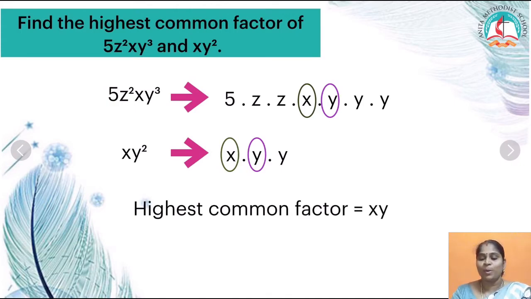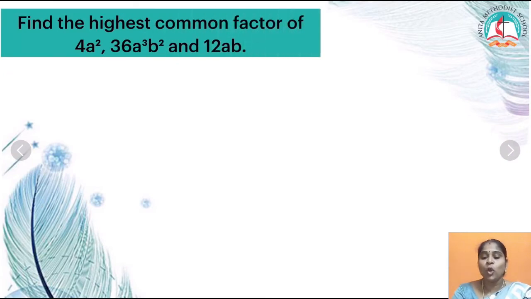Look at this problem. Find the highest common factor of 4a square, 36a cube b square and 12ab. Now we need to write the product of irreducible factors for 4a square. This is 2 into 2 into a into a.